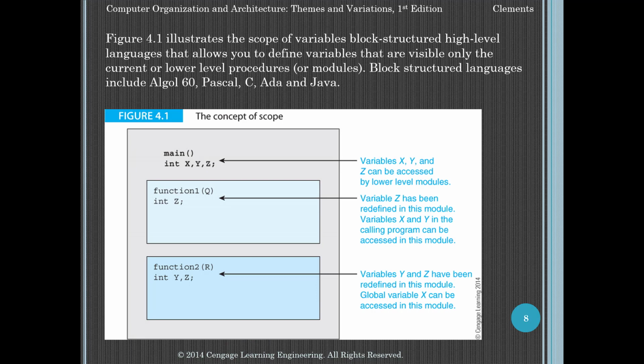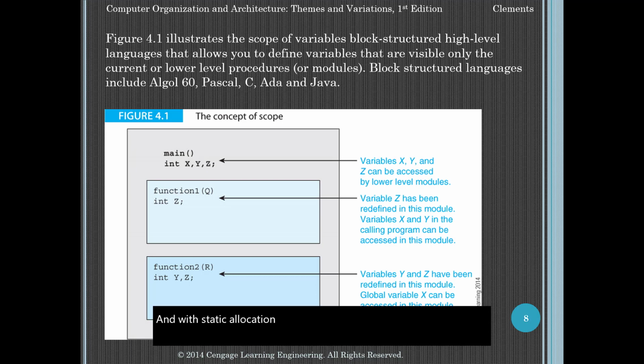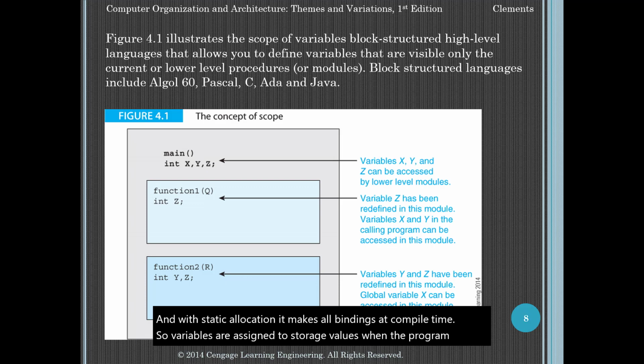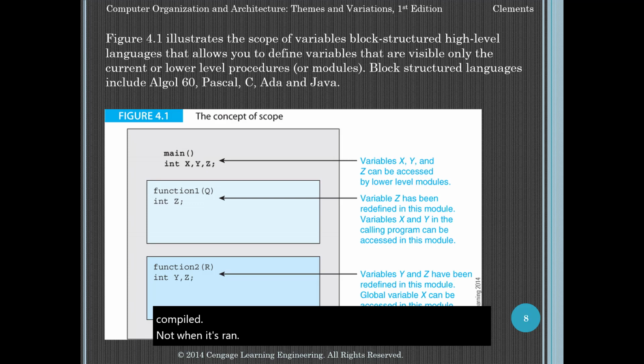With static allocation, all bindings are made at compile time. So variables are assigned to storage locations when the program is compiled, not when it's run. Each variable is assigned a location when the program is translated from the high-level language into machine code, and each variable keeps its location in memory until the program is terminated.